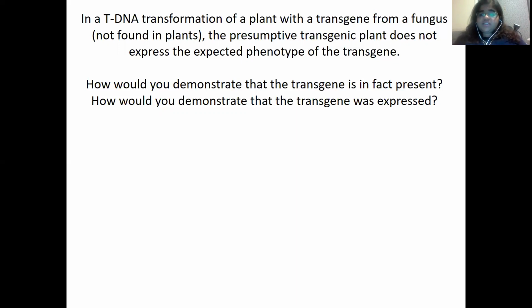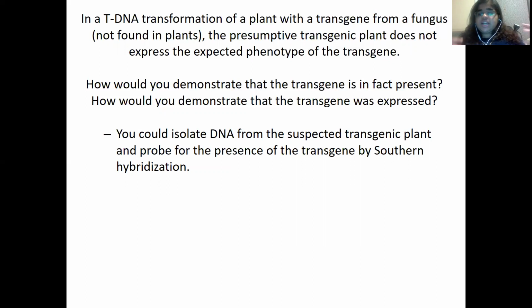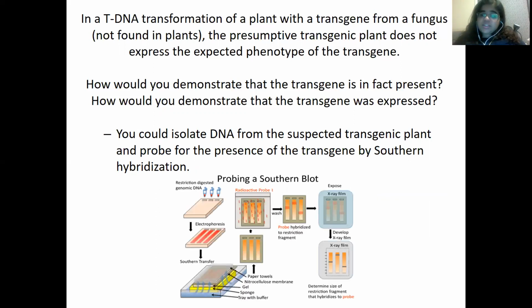To do this, you would isolate the DNA from the transgenic plant and probe for the presence of that transgene by Southern blotting. Southern blotting is a method you would use to see whether these transgenes are actually present.